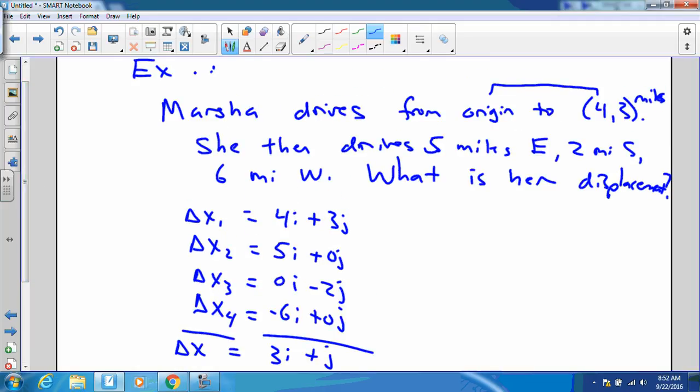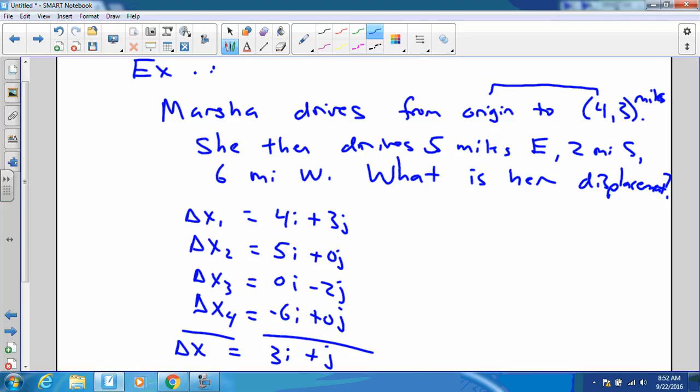See how elegant that is? And it's so elegant that probably you could do that in your head just by keeping track of the x's. 0 to 4 plus 5 minus 6 is 3. 0 to 3 minus 2 plus nothing is 1. And we have 3i and j.